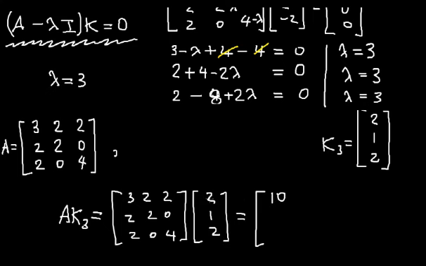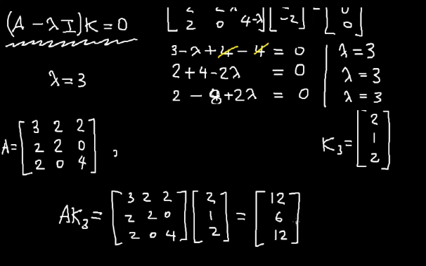And here we have 4 plus 2, which is 6. 4 plus 2 plus 0, so that's 6. And previously we had 6 plus 2, 8 plus 4. No, it was 12 actually before. Sorry about that. So we have 12, 6, and then in the third entry we have 2 times 2 is 4, then plus 0, and plus 8, and 4 plus 8 is also 12.